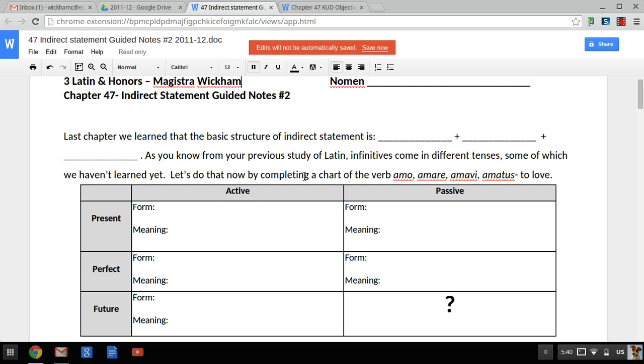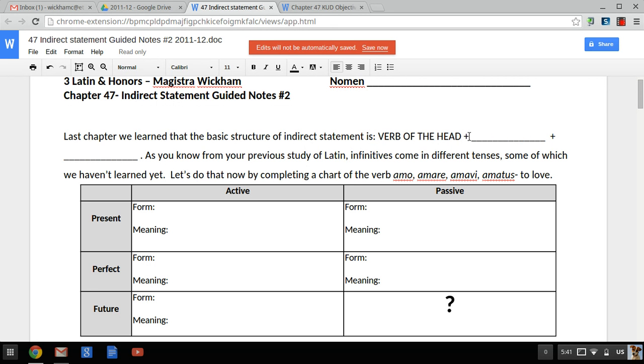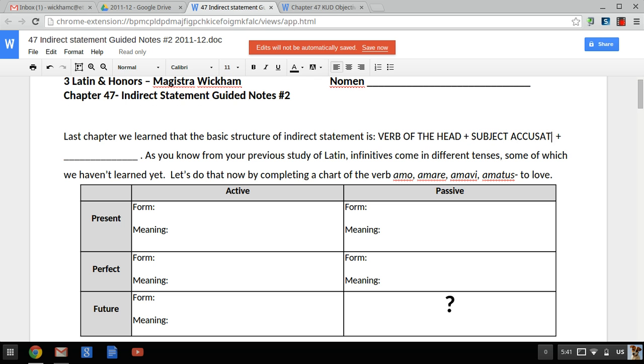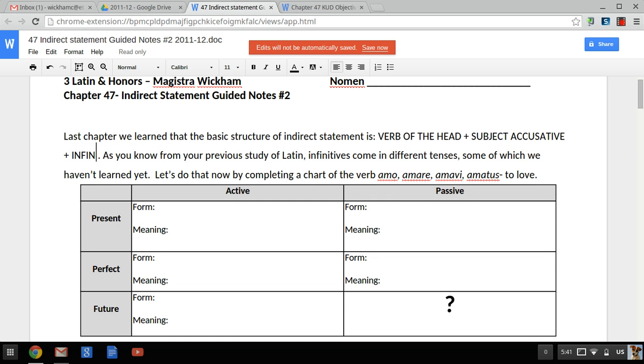Last chapter, we learned that the basic structure of indirect statement is, and hopefully you can all say this in your heads at this point, verb of the head plus subject accusative plus infinitive.